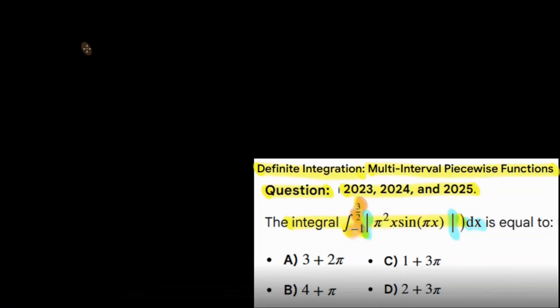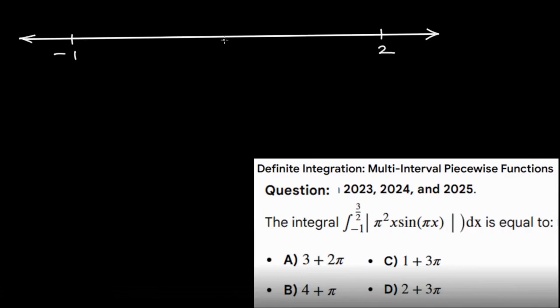We will break the interval into 3 parts and check the sign of the function inside the modulus for its final sign. We can conveniently do it on a number line: -1, 0, 1 and here 1.5, that is 3/2.